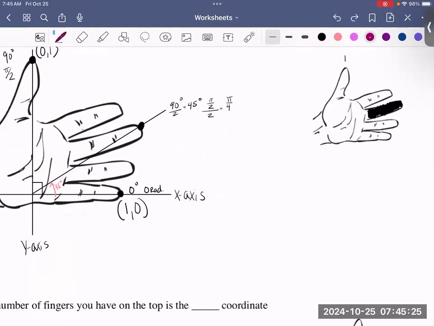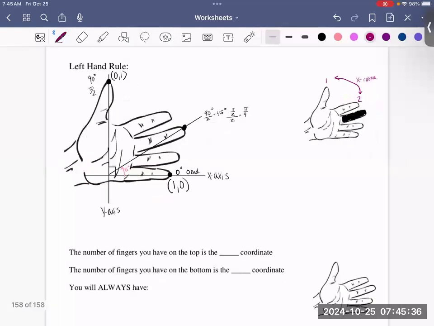These 2 fingers represent the x coordinate of your point. So the number of fingers you have on the top, above the one you've put down, gives your x coordinate. Now the number of fingers located down below, so you have 2, gives your y coordinate.